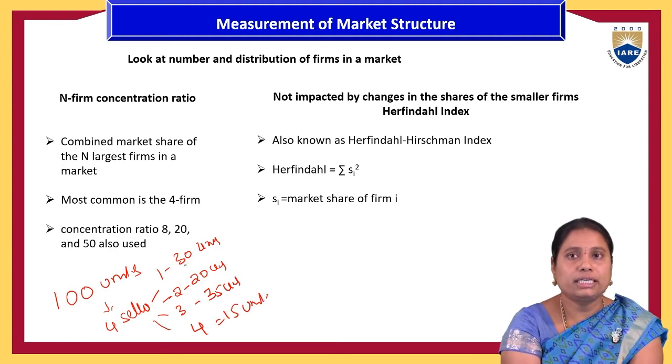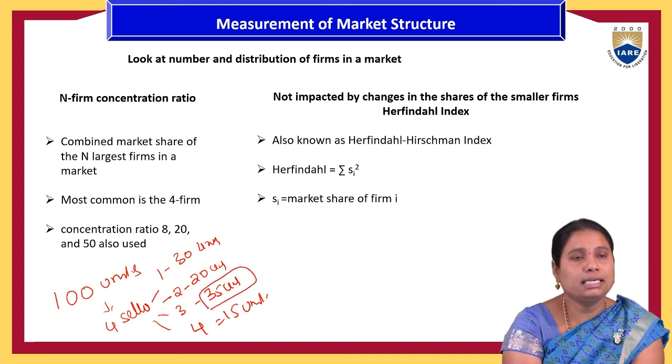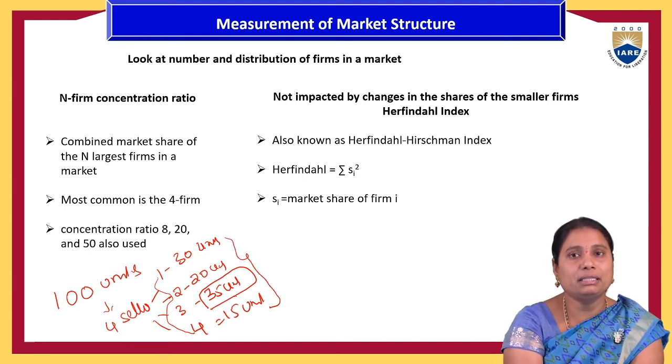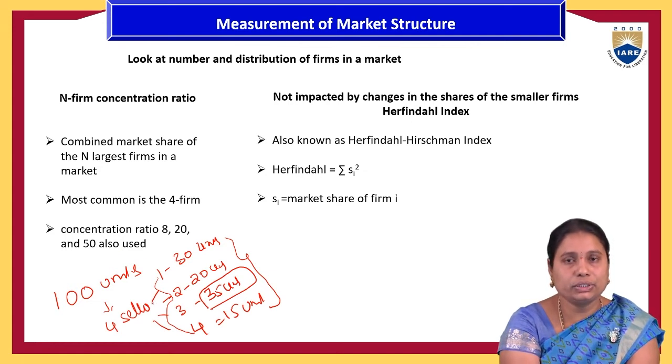That is 30, 50, 85, 100. Out of this, the market share of the third seller is more than the other 3 sellers. This kind of analysis in determining the market structure is called the N-firm concentration ratio.